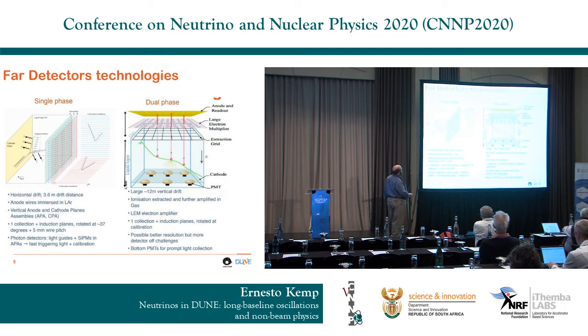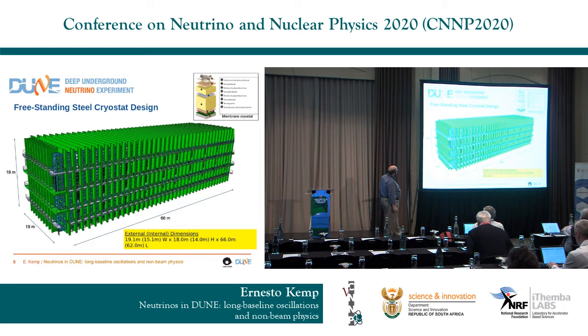And the difference is that we have a gas phase on the top of the liquid phase that can amplify the signal, and the coordinates are given by the impact point of the electrons accelerated through a large electron multiplier.